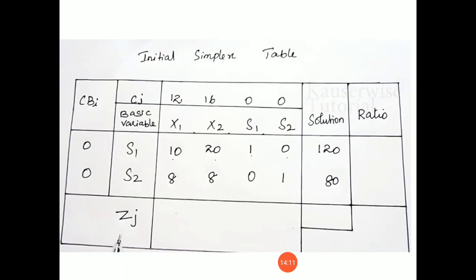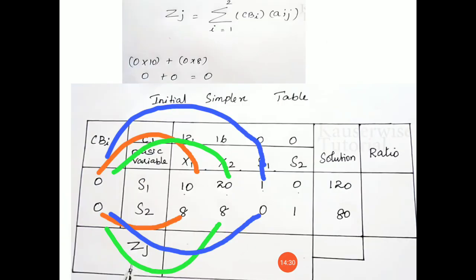First of all, I need to write the first element of Zj, or you can say the first column of Zj. So in the row of Zj, I need to write the first element. So what will be the first element? As per the formula, I have used the orange lines to make it more clear.